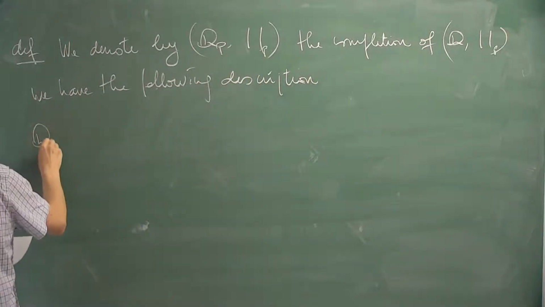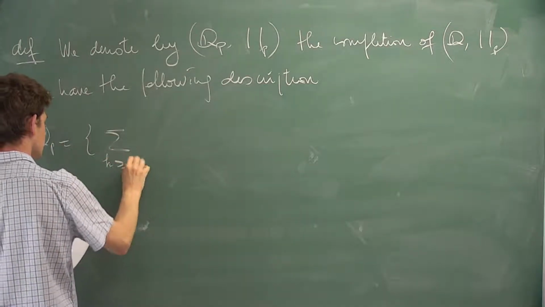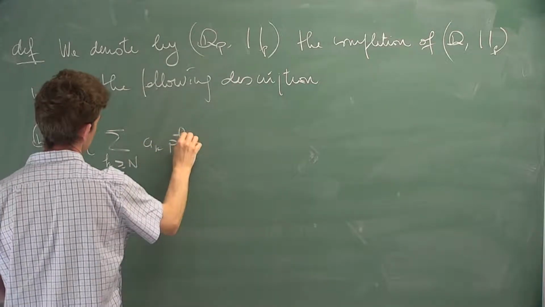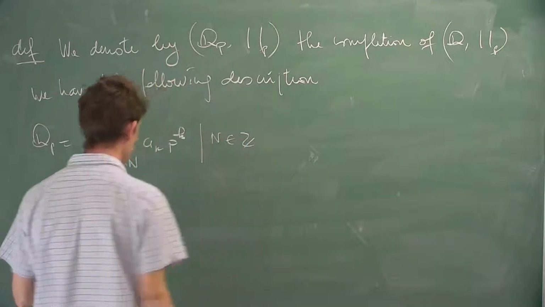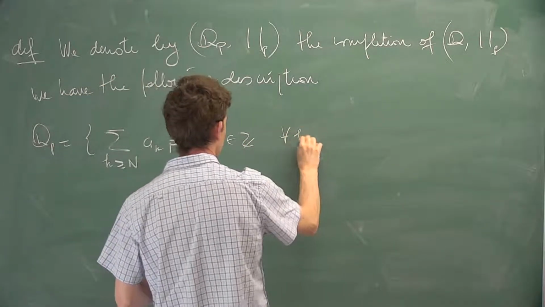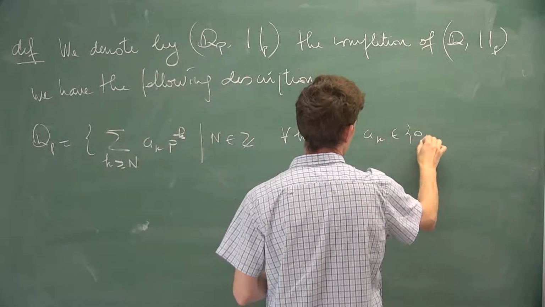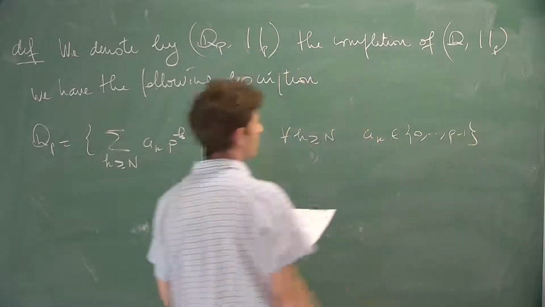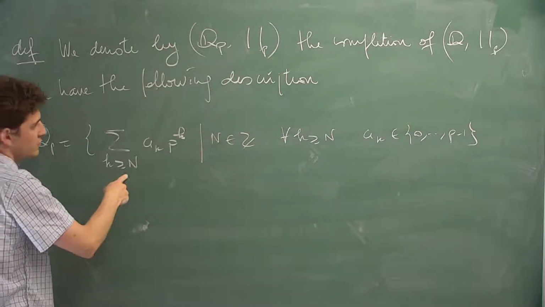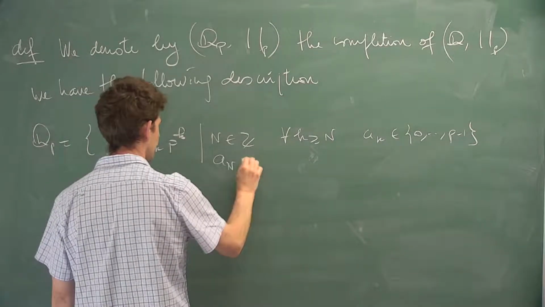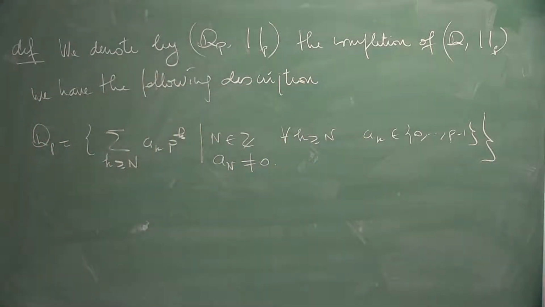So elements of Q_p can be considered as a Laurent series, where n is an integer. For all k larger than n, the coefficient a_k is an element between 0 and p minus 1. And you start with something which is non-zero. So a_n is non-zero. So this is the usual description of Q_p.